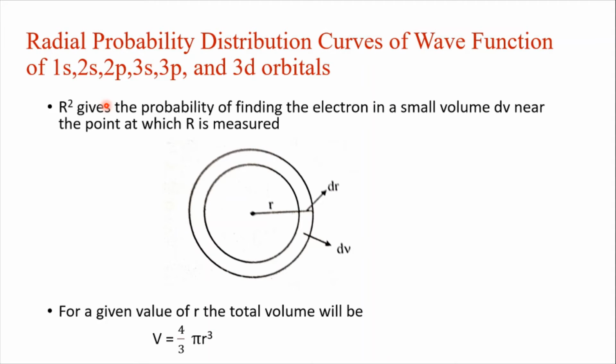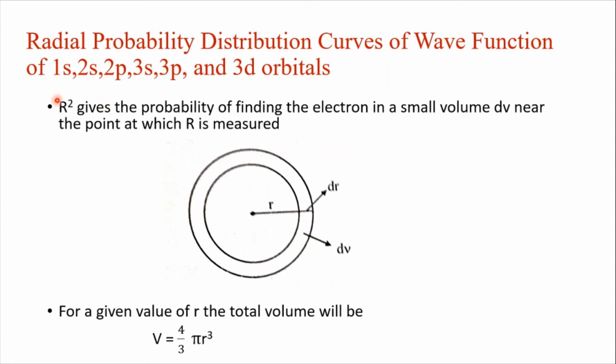These are the radial probability distribution curves of the wave functions of the 1s, 2s, 2p, 3s, 3p and 3d orbitals. So what is this R square? R square is the probability of finding the electron in a small volume dV near the point where R is measured.